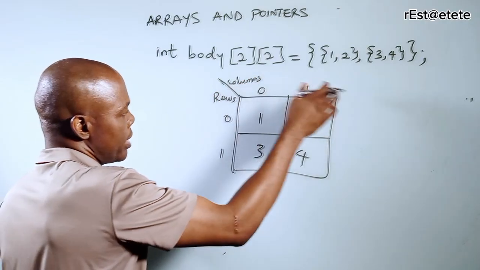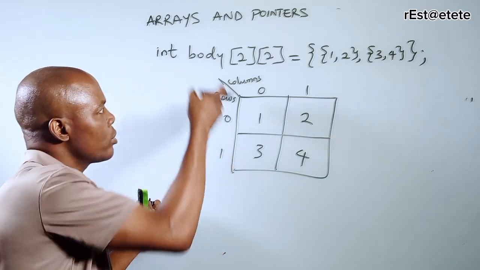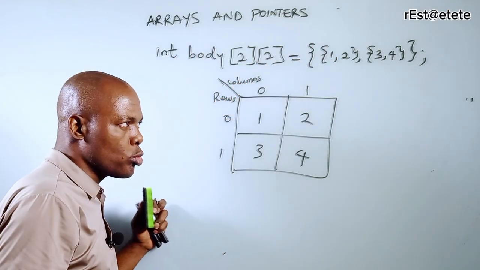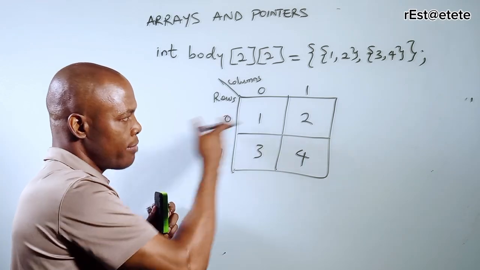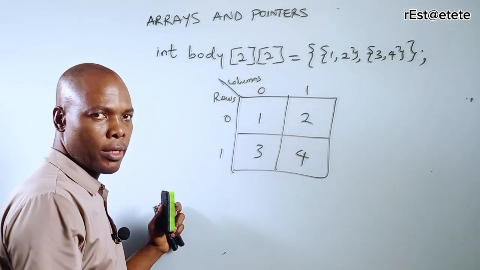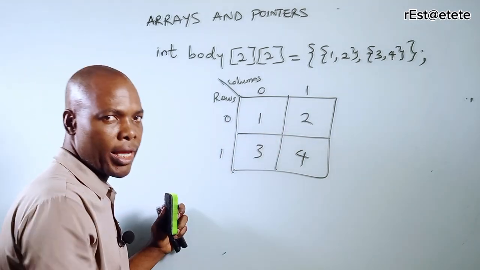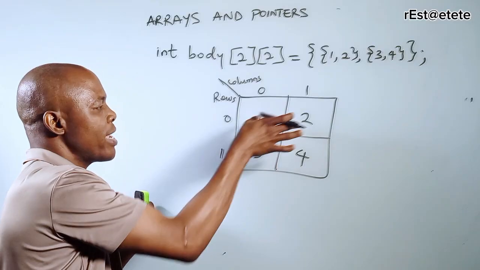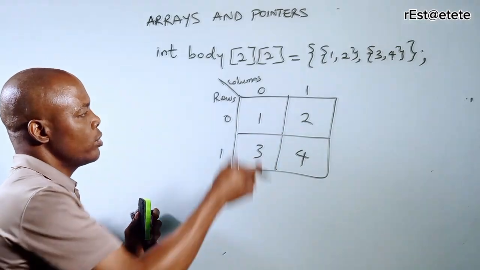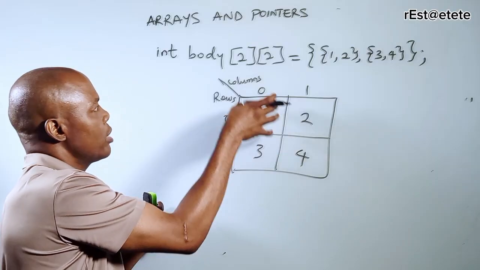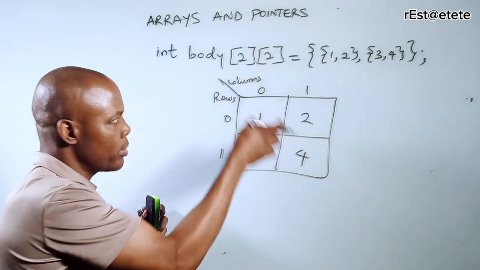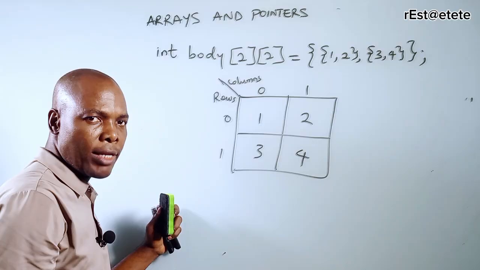So these are rows and these are columns. So this is a two-dimensional array. So just like your Excel sheet, you have the rows and then you have the columns, right? That is what you have, just like a table. And then you're inserting the values inside. So how do you write this thing that I've drawn on the board? So what is the writing in C programming? So that is the statement that you are looking at.